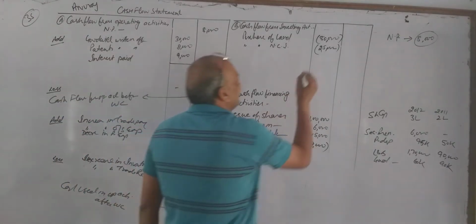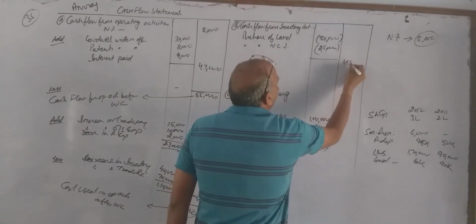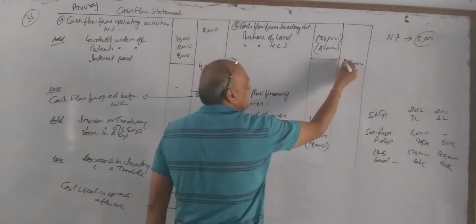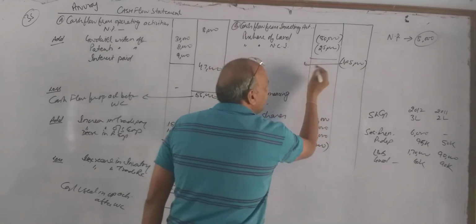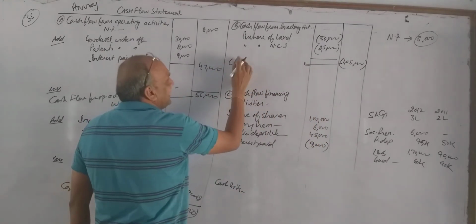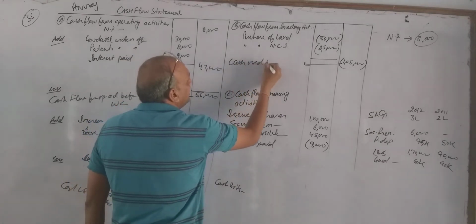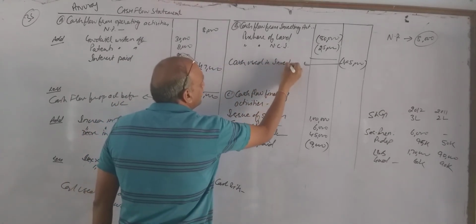Now let us go for this activity. It becomes 1,05,000. This is also minus item, this is also minus, minus minus plus, and here again we are going to use the bracket. Now it is cash is going, so what we are going to write? Cash used in investing activity.